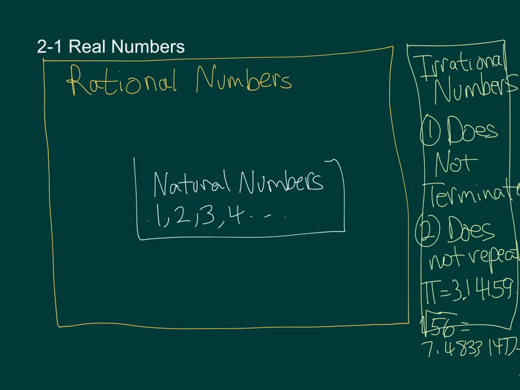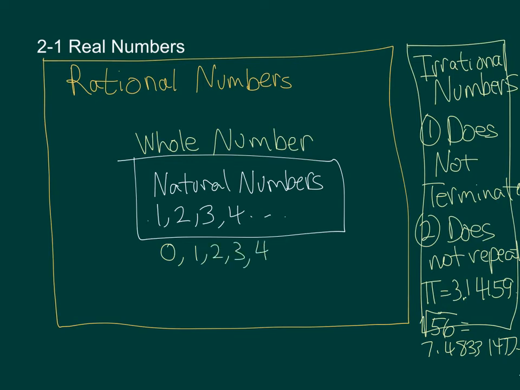Outside of the natural numbers are the whole numbers. Whole numbers take all the natural numbers, plus they add 0. So we would have 0, 1, 2, 3, 4, etc.